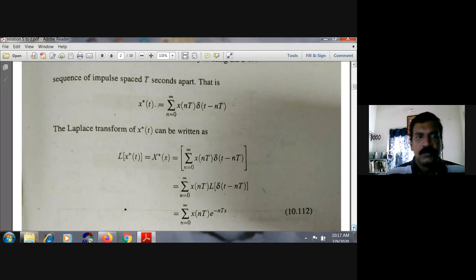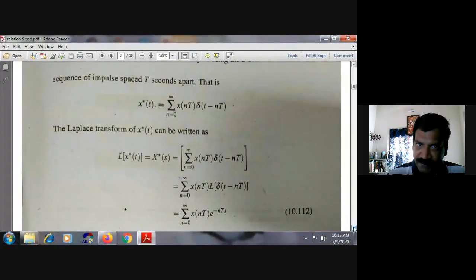When you make the sampling, x star of t equals x of nT multiplied by delta of t minus nT.